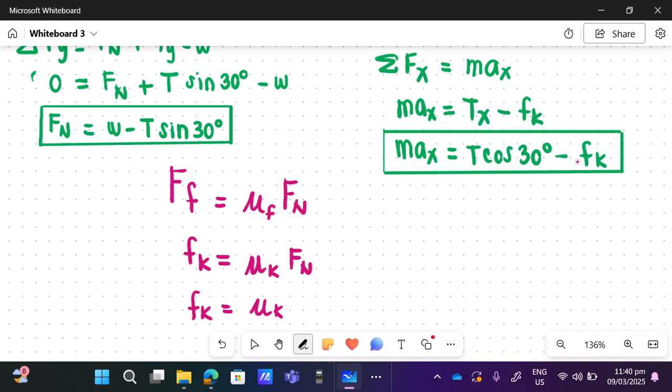Okay, so that's how you relate force due to friction and the normal force. If it were static friction, then this will be the coefficient of static friction.